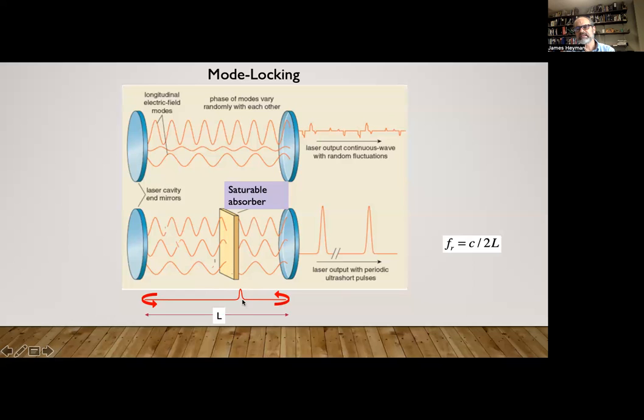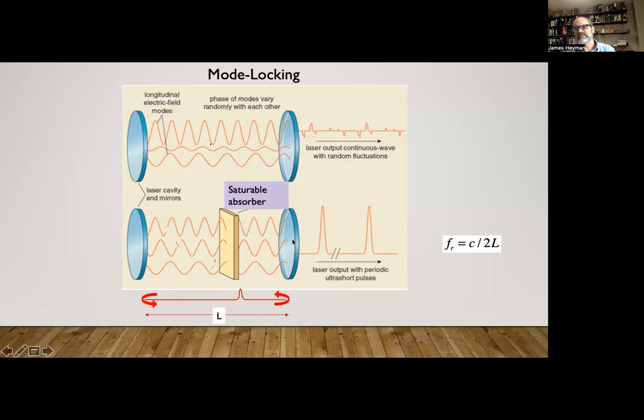And very rapidly, we'll end up in a situation where all of the light is bouncing back and forth as one giant pulse. The laser is said to be mode locked. And this giant pulse can occur because we have many different wavelengths, such that if we arrange the phases of the waves just right, they'll add together to make a giant pulse.